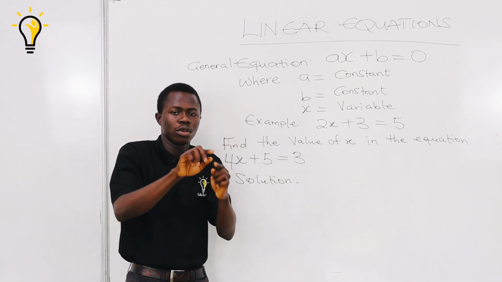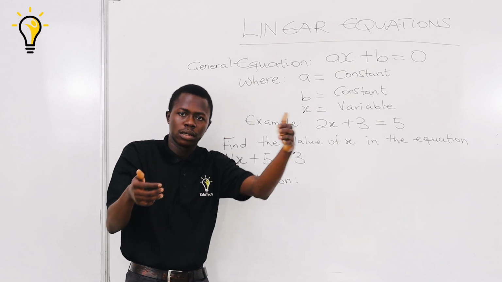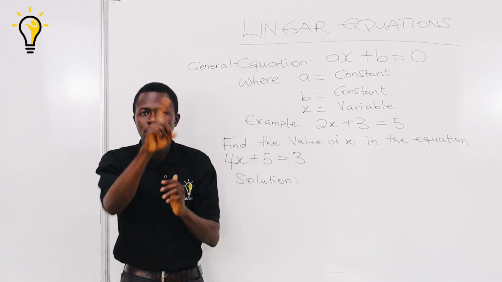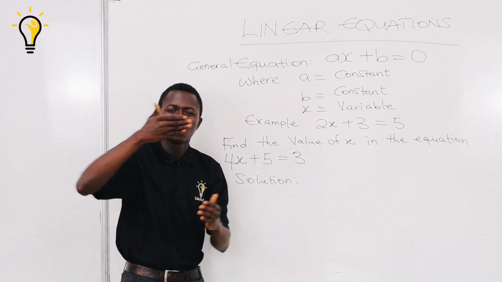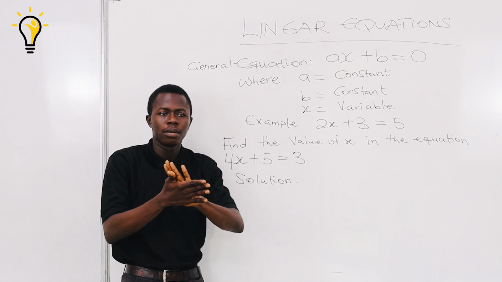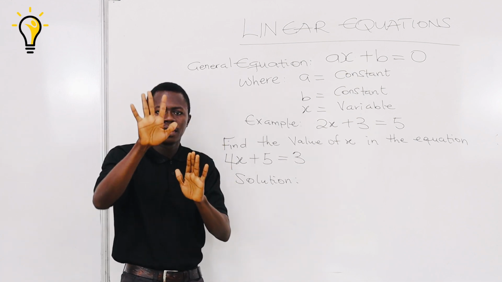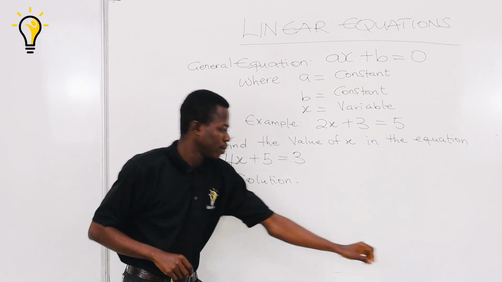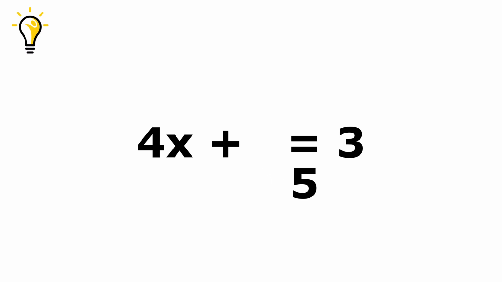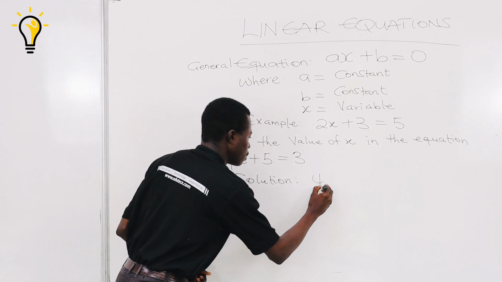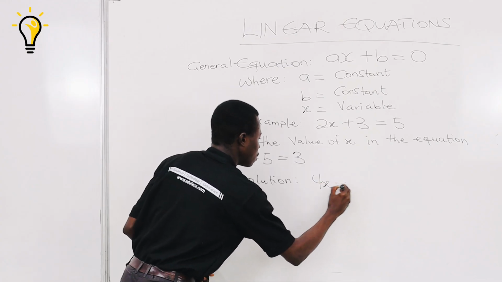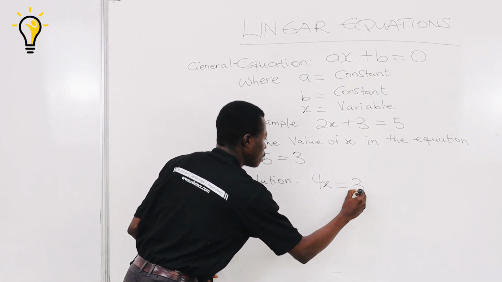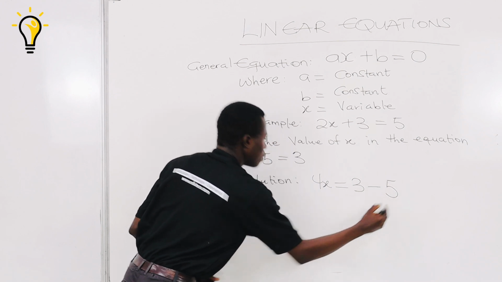When it moves to the other side, it becomes negative 5. So let's write: 4x will be equal to 3 minus 5.